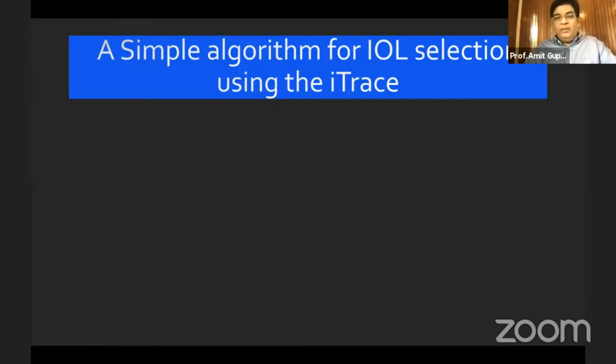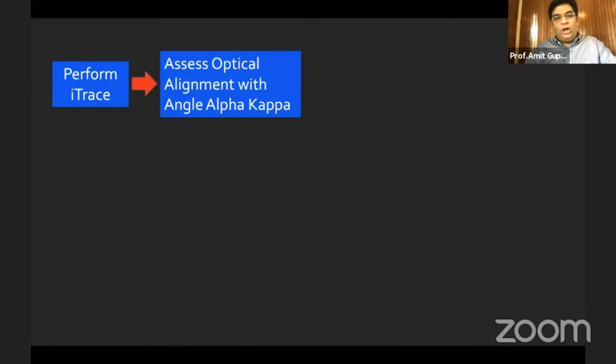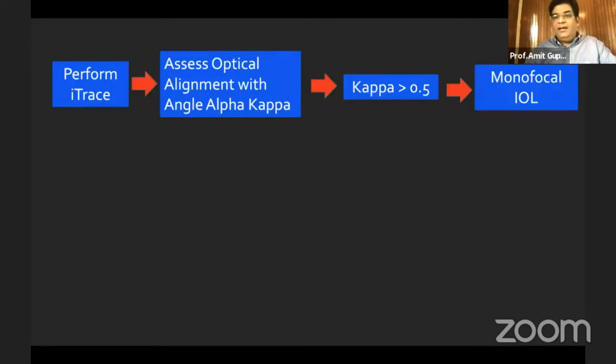So, a simple algorithm for IOL selection using the eye trace. One, when a patient comes to us and we are assessing for cataract, perform the eye trace and assess the optical alignment with angle alpha and angle kappa. Now, if the angle kappa is more than 0.5, this patient is a candidate for monofocal IOLs.